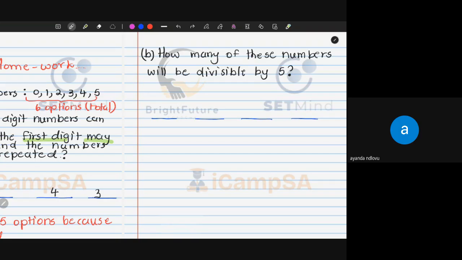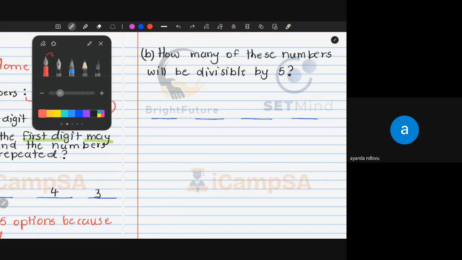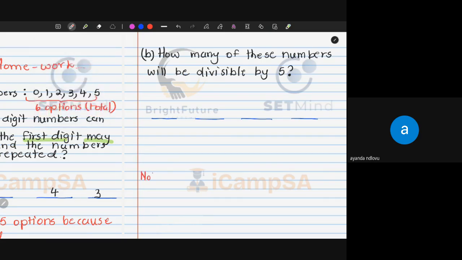A number that's divisible by 5 is a number that is able to be divided by 5 and you get a whole number instead of decimals. Yep, on point. Thanks for that. That is genius. So guys, what you need to note for yourself, and that makes this problem very easy.